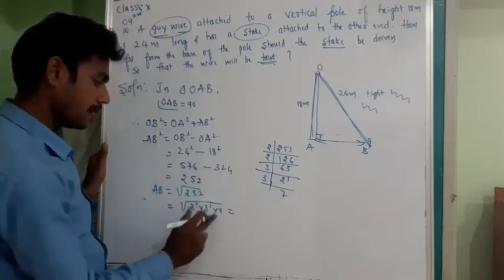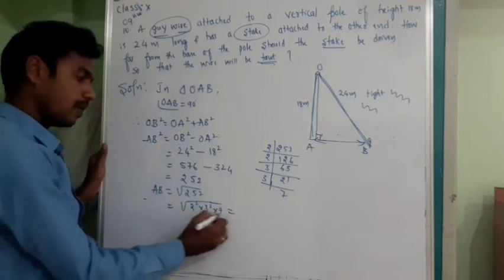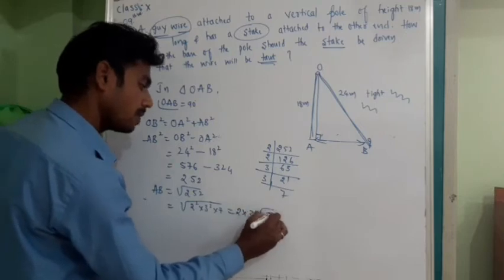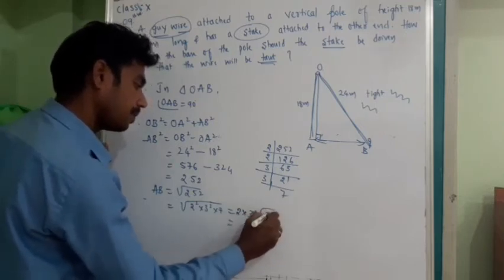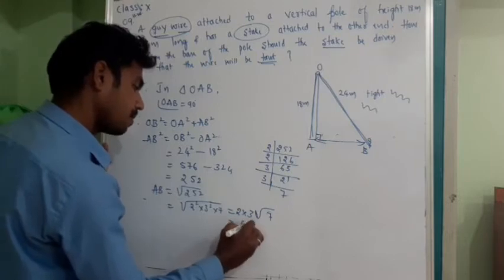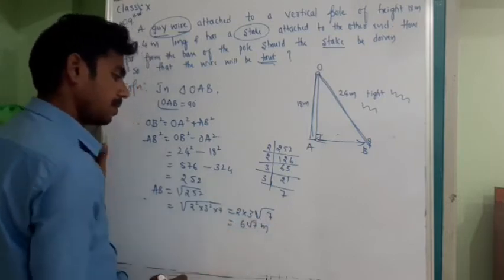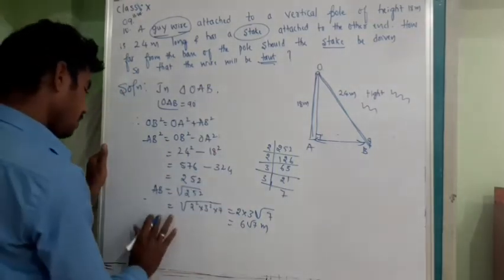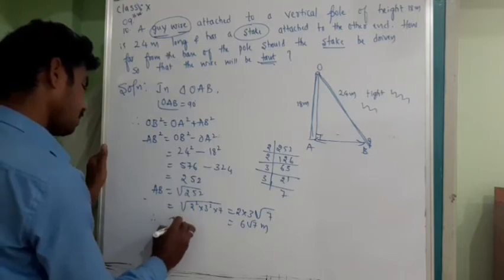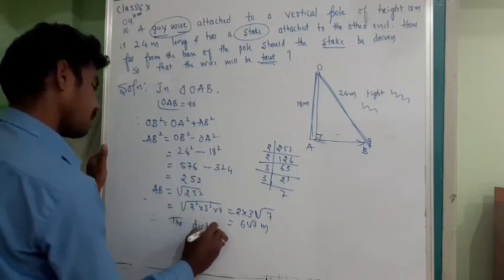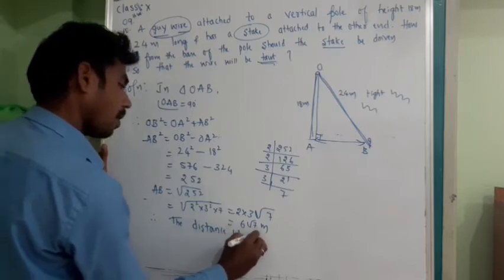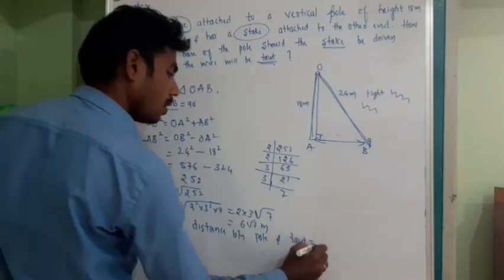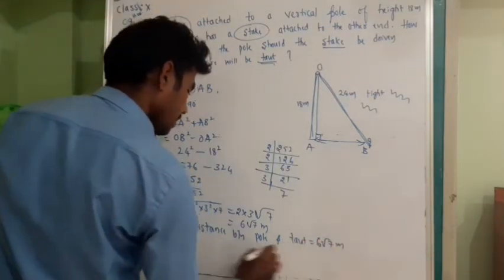If I take 2 square out it will be 2, and 3 square out will be 3, root of 7, so 6 root 7 meter. Therefore the distance between the pole and the dot is equal to 6 root 7 meter. That's it. Please note this down.